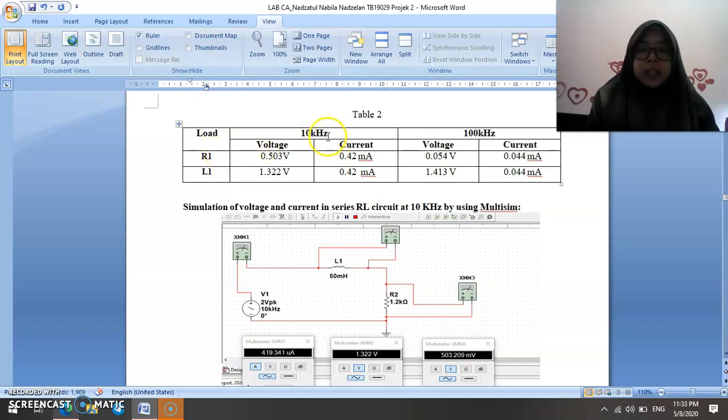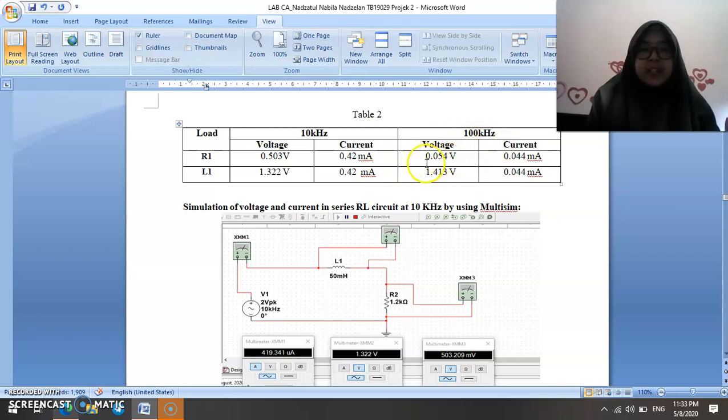At 10 kHz, the voltage at the resistor is 0.503 volt, meanwhile the current is 0.42 milliampere. At the inductor, the voltage is 1.322 volt, meanwhile the current is 0.2 milliampere.